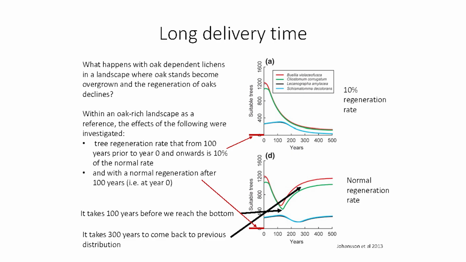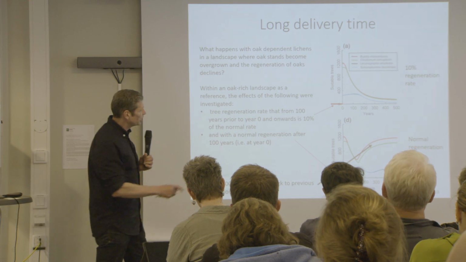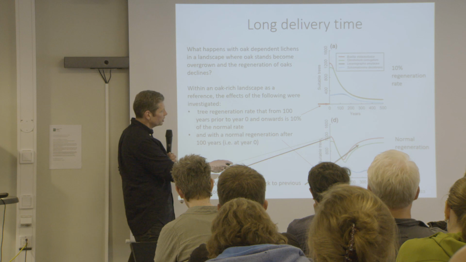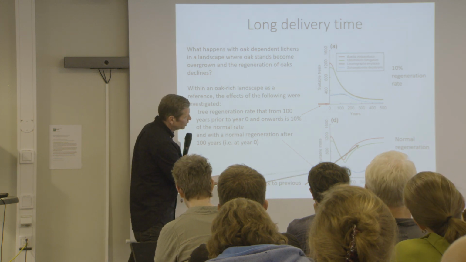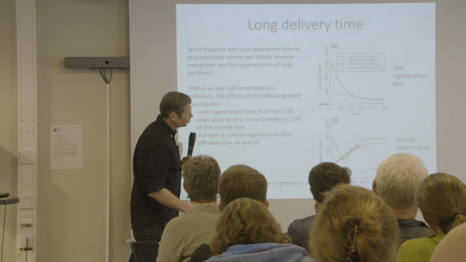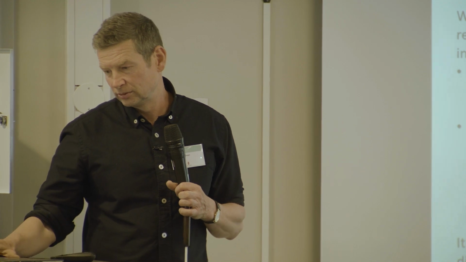So we need to act now if we want to reach some results. And this is important to think about: these are results from an oak-rich landscape. Imagine that this is an oak-poor landscape. We have maybe 100 years before we have the extinctions also. So we need to think ahead.